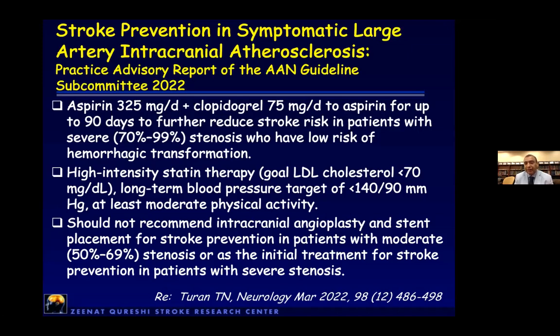They are not recommending intracranial angioplasty and stent placement for stroke prevention in patients with moderate stenosis, moderate defined by 50 to 69% severity, or as the initial treatment for stroke prevention in patients with severe stenosis. So again, emphasizing the value of medical treatment failure before deciding stent placement.